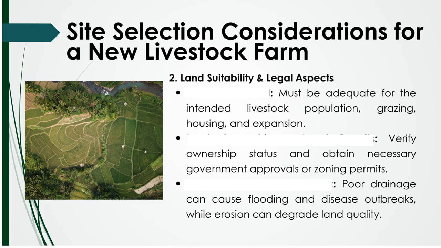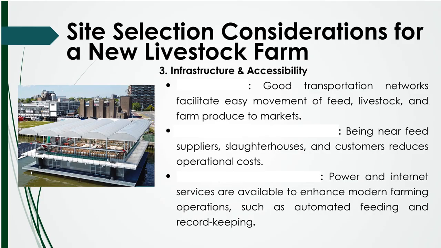Soil drainage and erosion risk. Poor drainage can cause flooding and disease outbreak, while erosion can degrade land quality. Okay, next, infrastructure and accessibility.